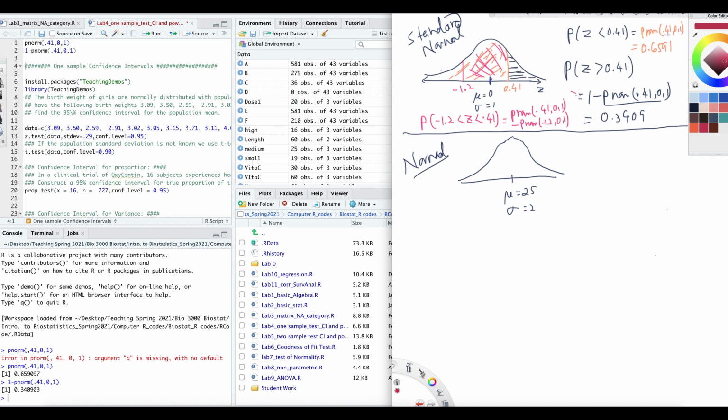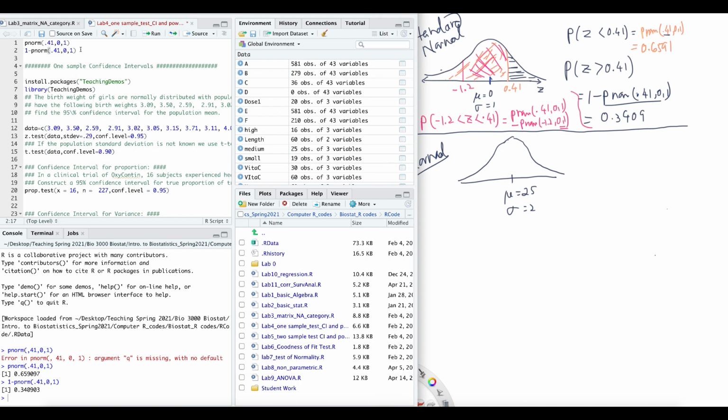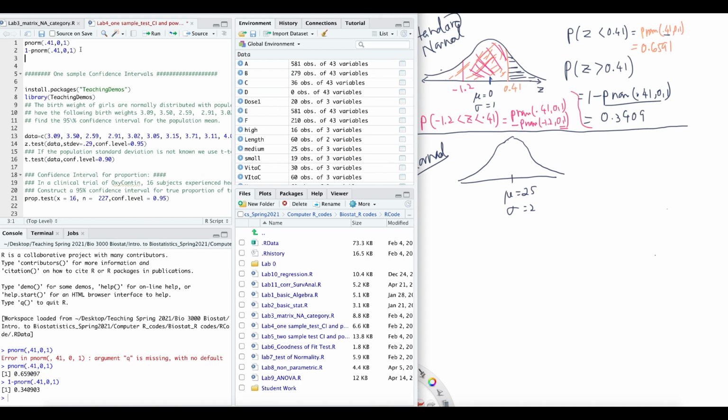If you do that, what do you get? Let me find out here actually.